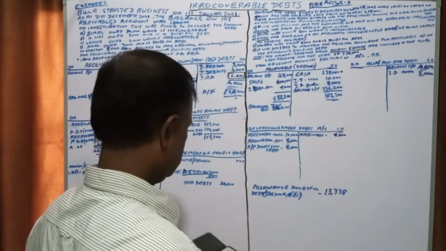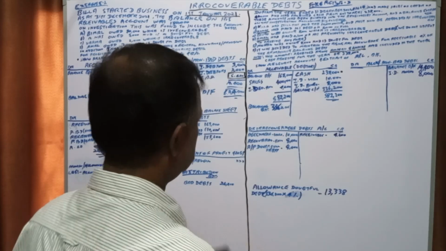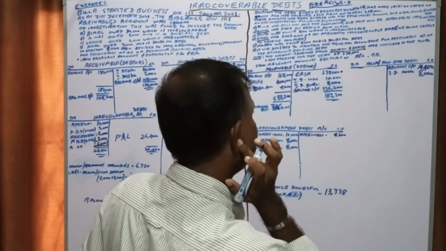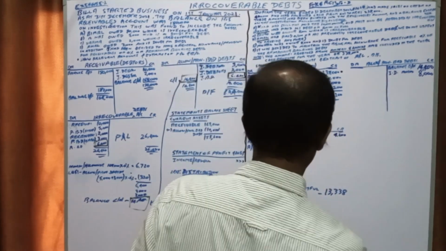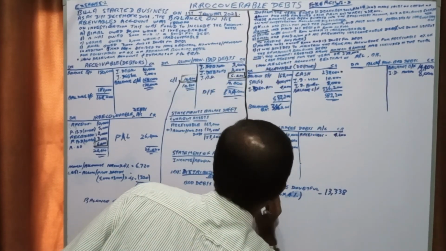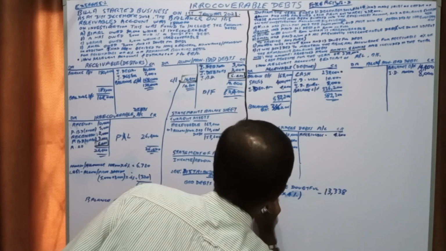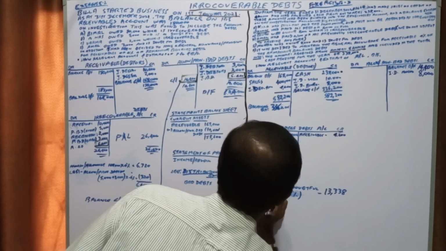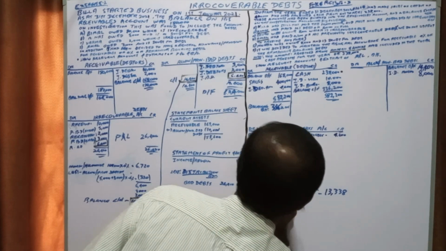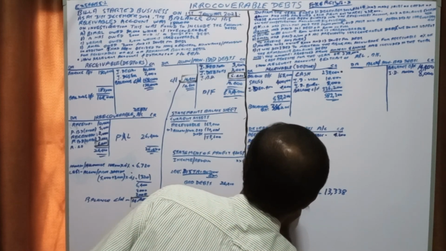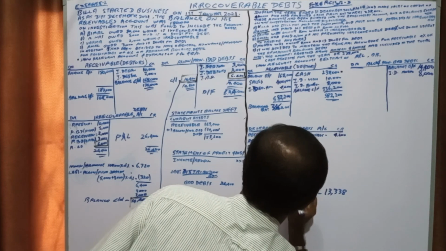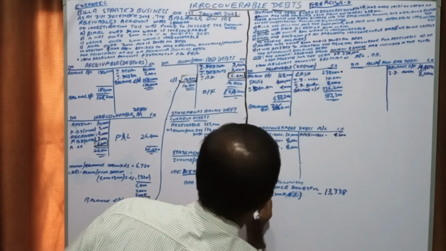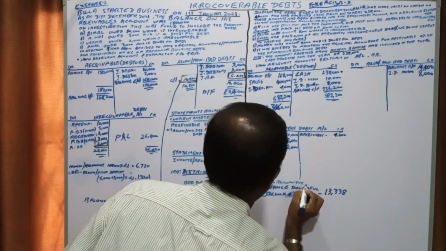Out of it, after this amount, we have to remove the general provision. This is general provision, allowance for doubtful debts, general allowance. Right, this is the general allowance calculation.